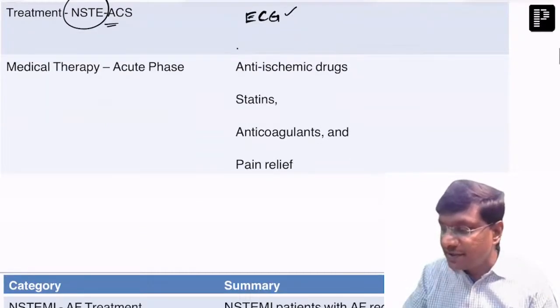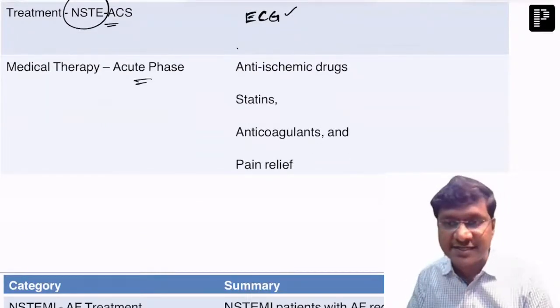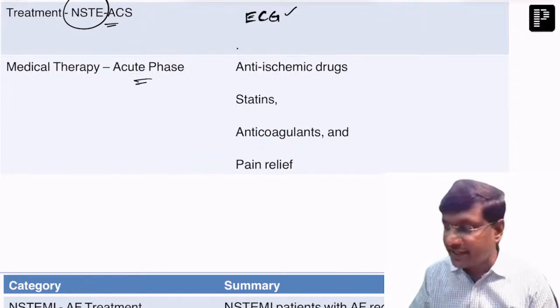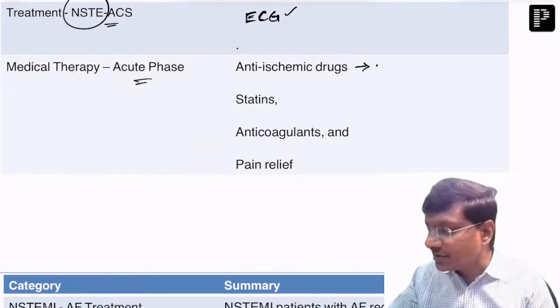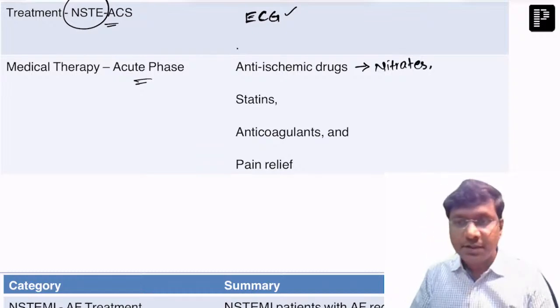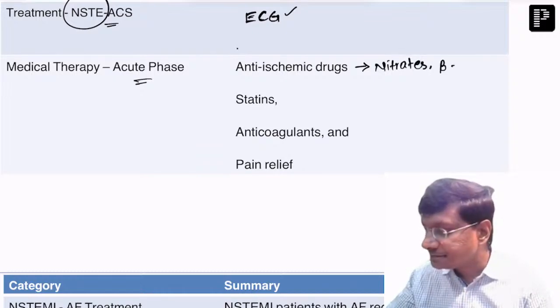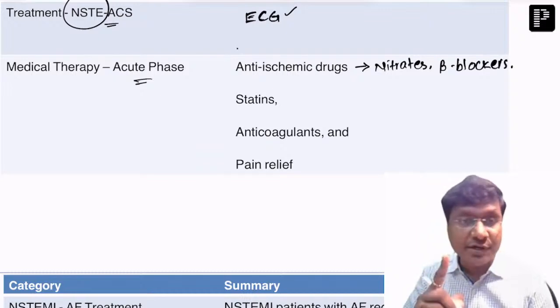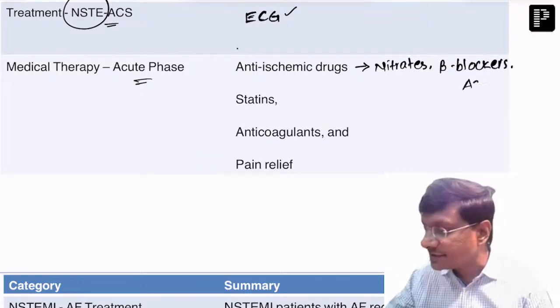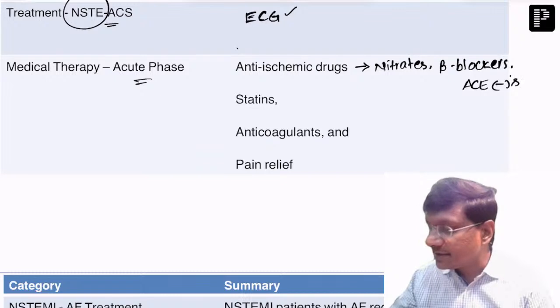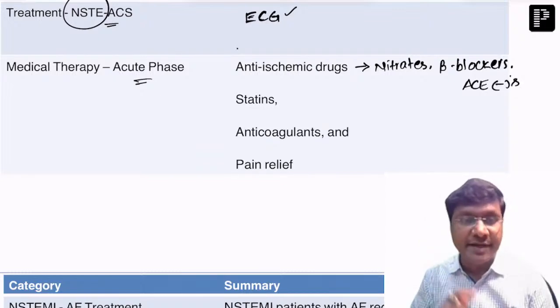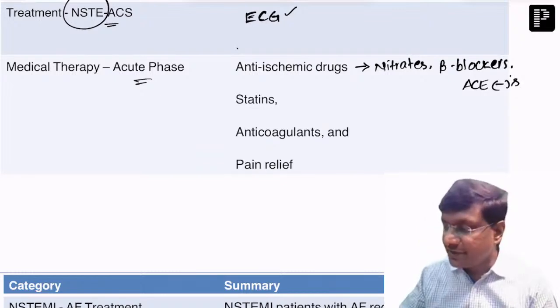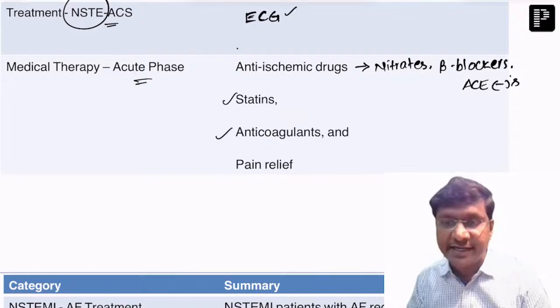Now, what is the treatment in the acute phase of the NSTEMI? In the acute phase of the NSTEMI, the anti-ischemic drugs, which are very important, are the nitrates, next beta blockers, and then the next important group are the ACE inhibitors. So these are the anti-ischemic drugs as a part of the medical therapy in the acute phase. Then we give statins as well as anticoagulants.